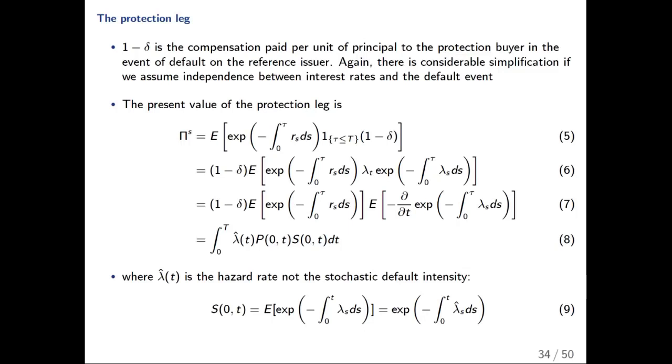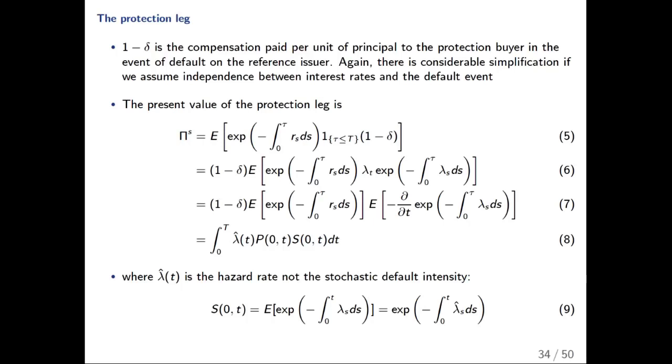So what's the probability of default in the next instant? The way to think about this: what's the probability that I default at t? If I was in a binomial world, what's the probability that I default here?